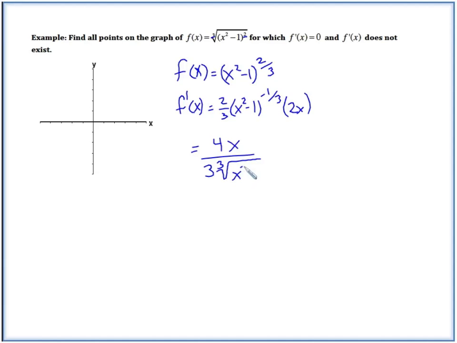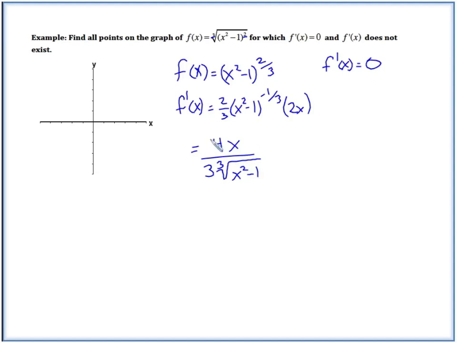So now we get the cube root of x squared minus 1. Okay, so here is our derivative. And the question is, where does this derivative equal 0? Okay, so where does f prime of x equal 0?